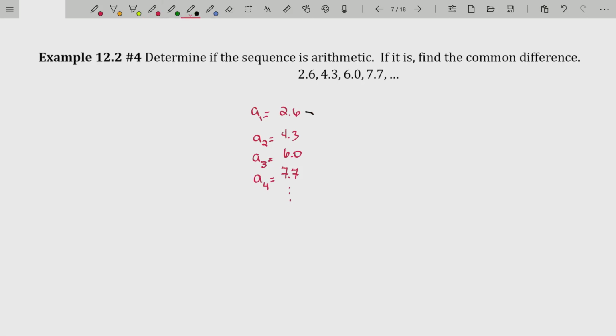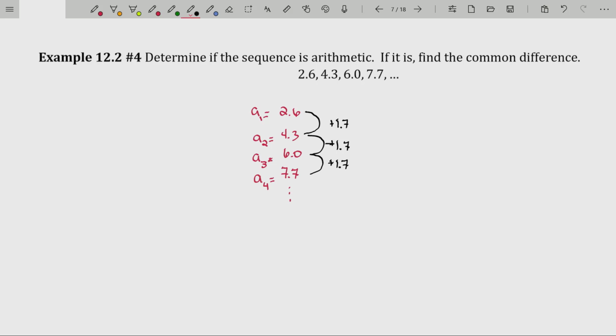Now let's see. To get from A1 to A2, what do we add? 1.7? I should probably double check my mathematics. Yes, we did. If you add another 1.7 to 4.3, you'll get to 6. That does work. And we add another 1.7 to get to 7.7 from 6.